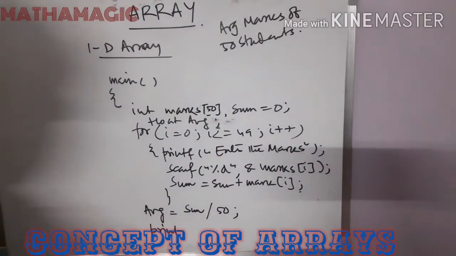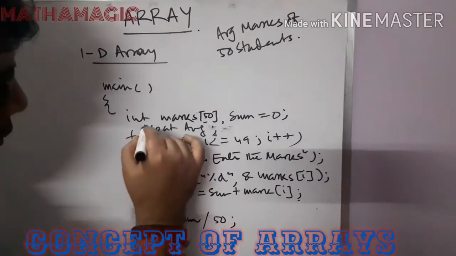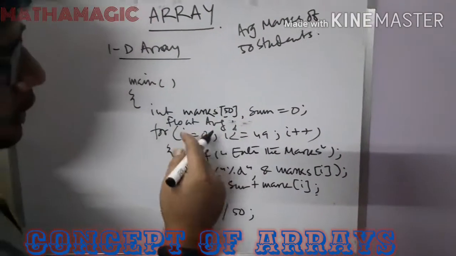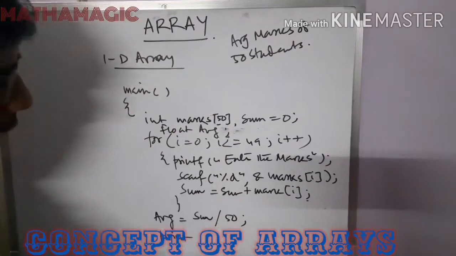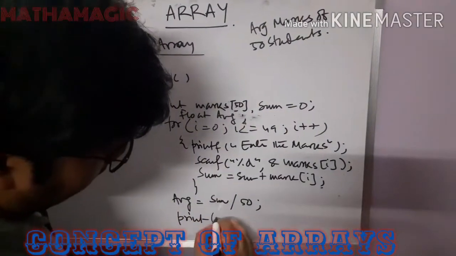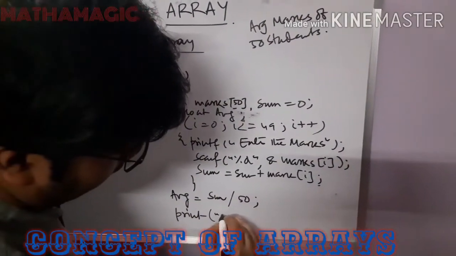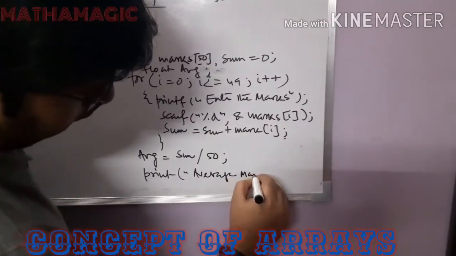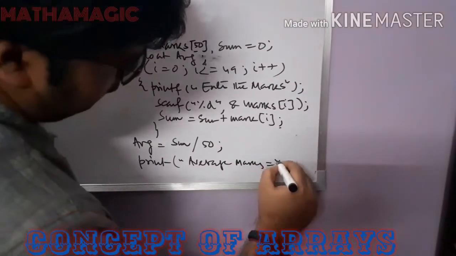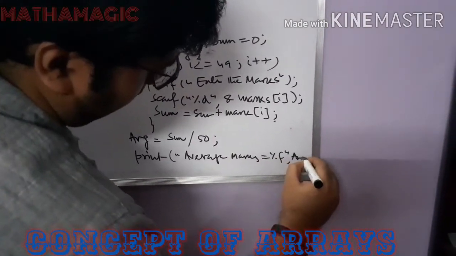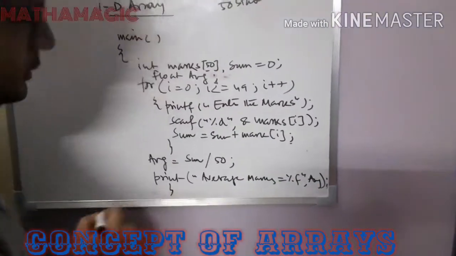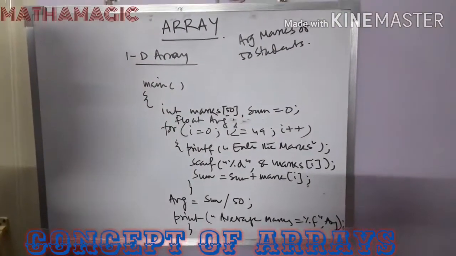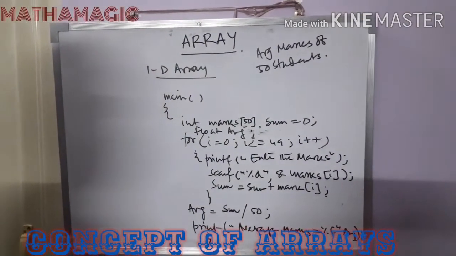In order to avoid any kind of problem related to this, we are just using float for the average variable. So printf, average marks equals to percentage f, comma avg. That's it. This is the program of finding the average marks obtained by 50 students.